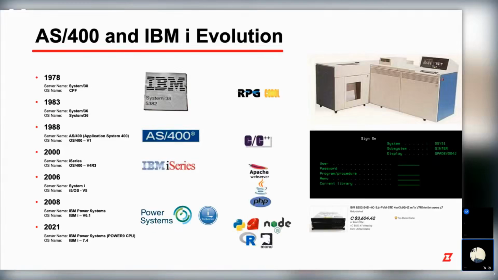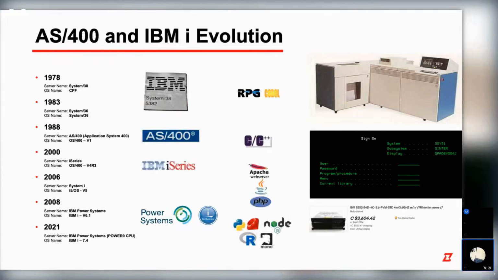Eventually both of these systems, the 38 and 36, came to merge to create the AS400. And at this point in time, C became a very popular language. One of the things that I noticed while researching the history of this is that not only are they looking to support legacy programs, but they're looking to make sure that the system is kept up to speed with what the market demands.